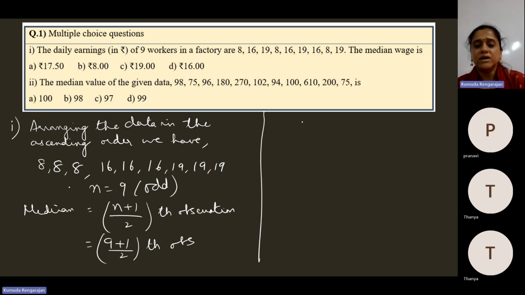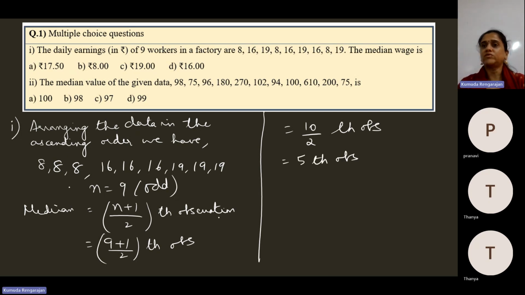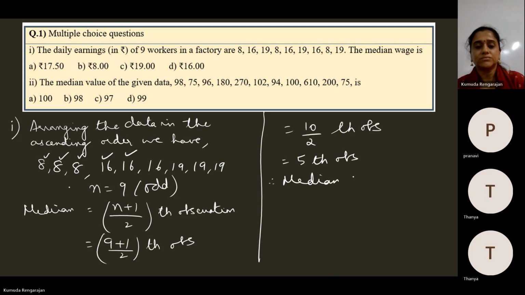What is 9 plus 1? 10 by 2. That's equal to the 5th observation. So which is the 5th observation? 1, 2, 3, 4, 5. Therefore, median is equal to 16.